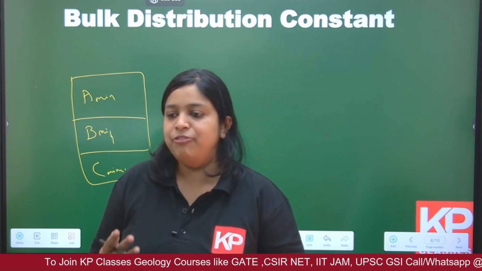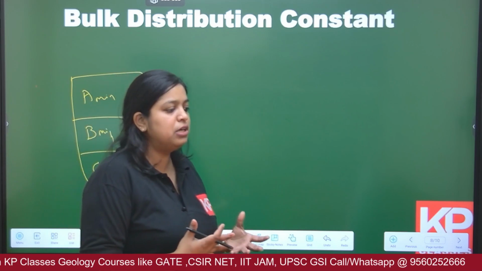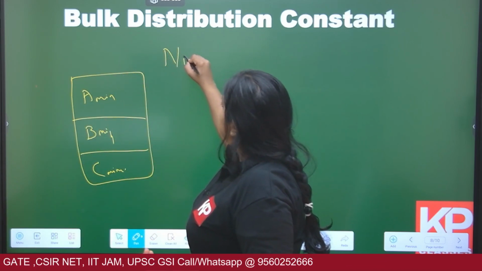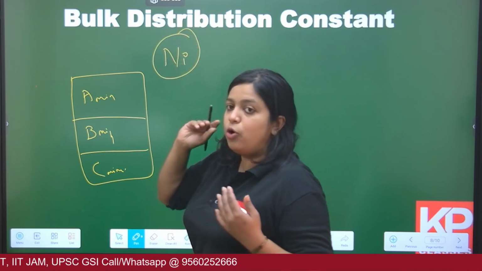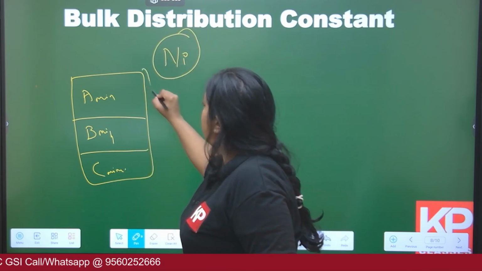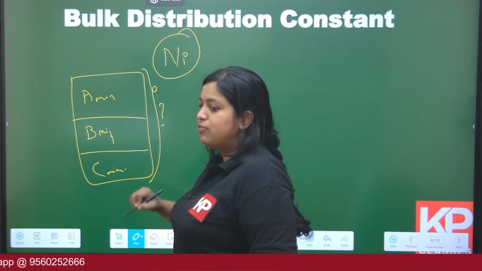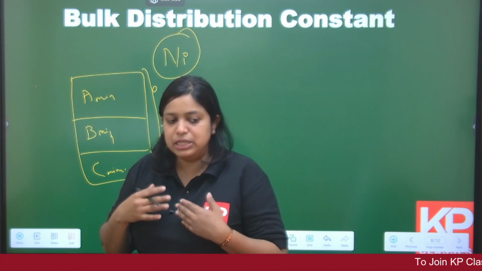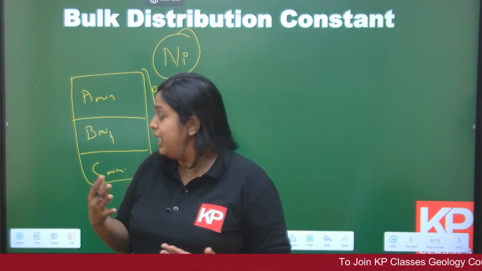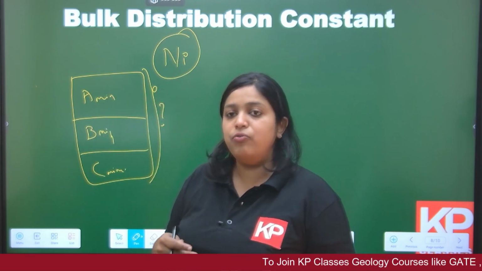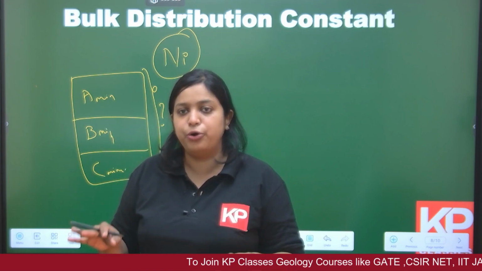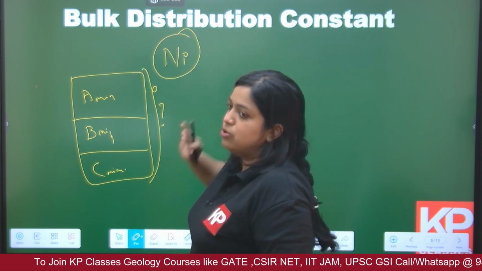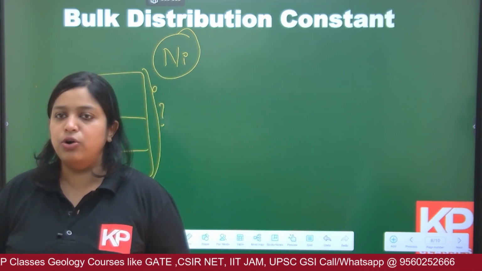Now, if I want to analyze whether an element, for example nickel, is compatible in this whole rock or incompatible, or whether the amount of nickel is higher or lesser in the rock, that is defined by the bulk distribution constant or bulk distribution coefficient.